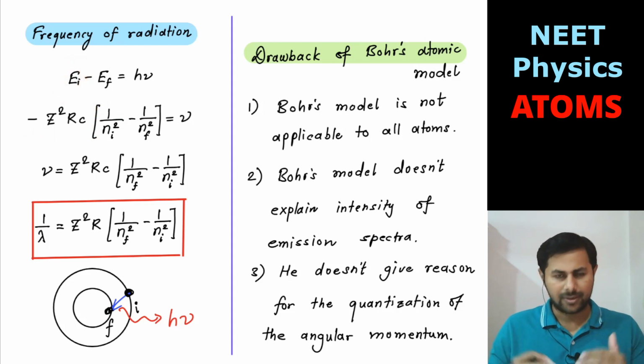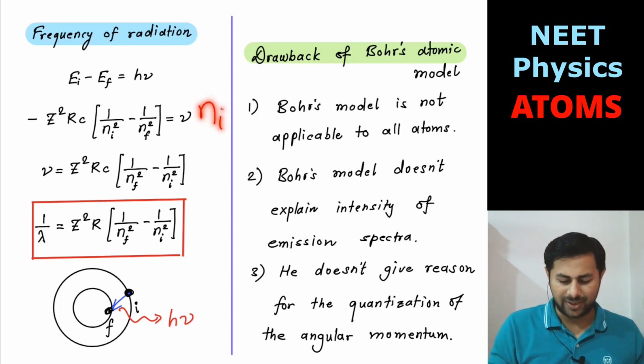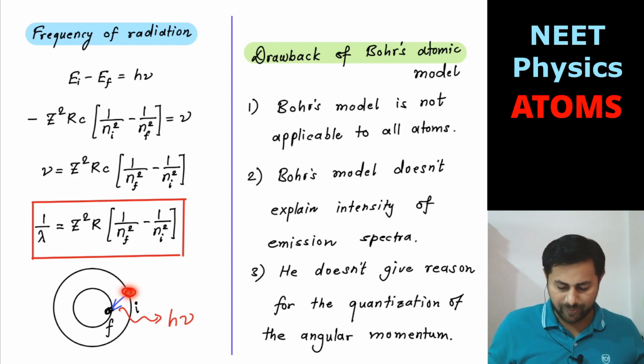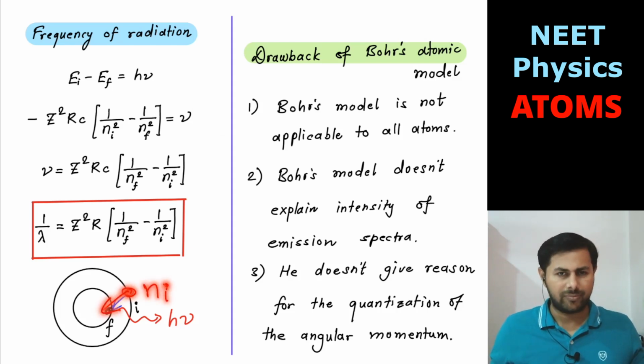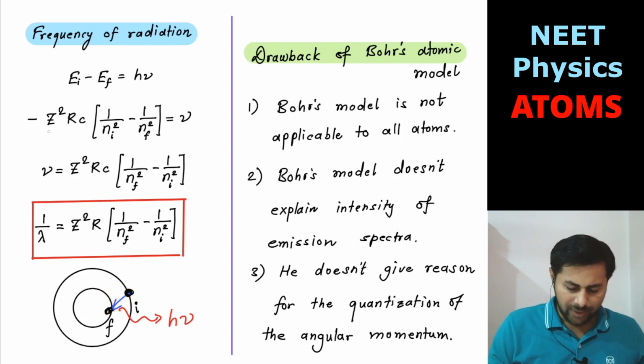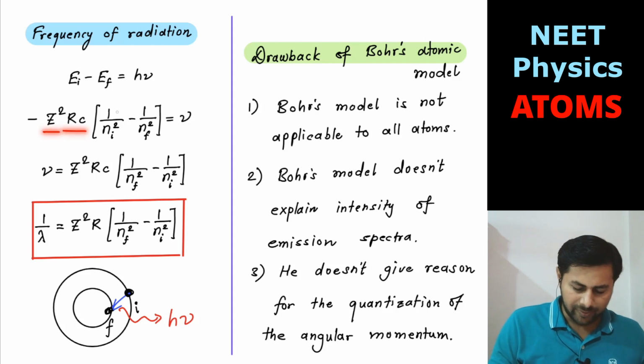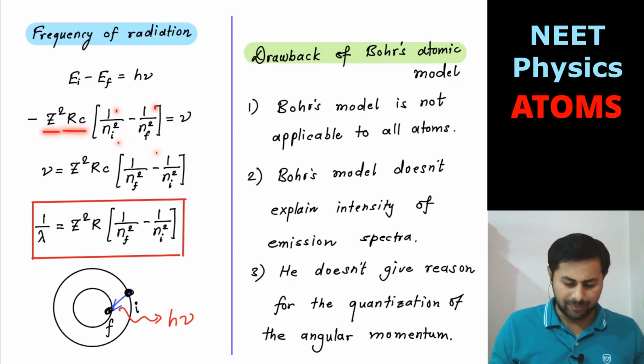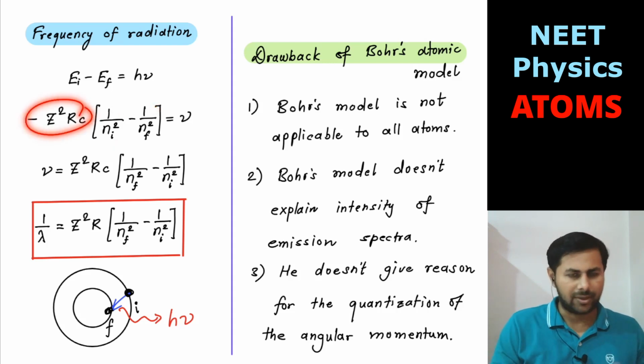Ni means the nth initial level, right? The electron jumps from level Ni to Nf. So then you have minus Z square times RC, 1 by Ni square minus 1 by Nf square, okay?